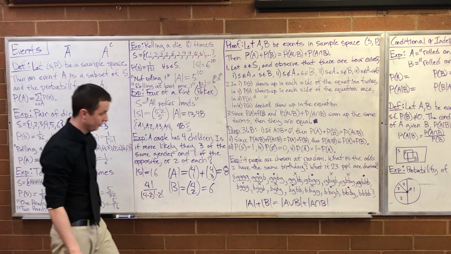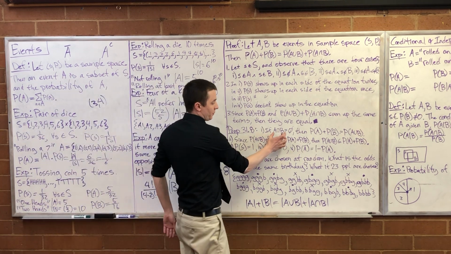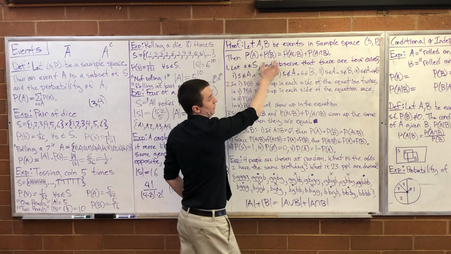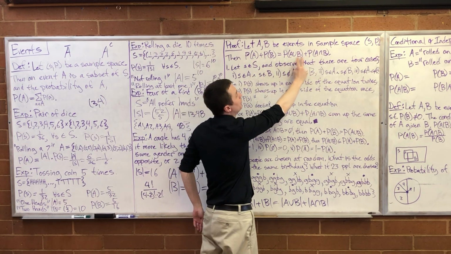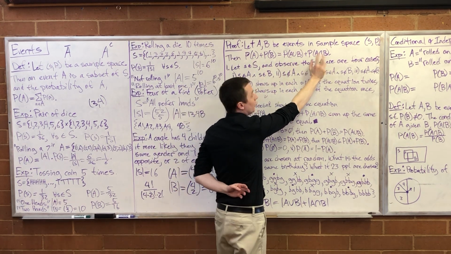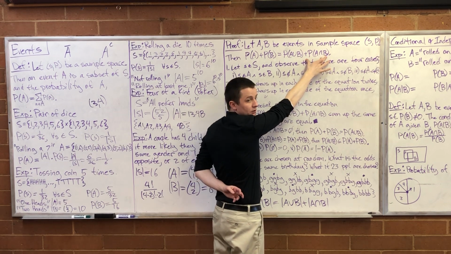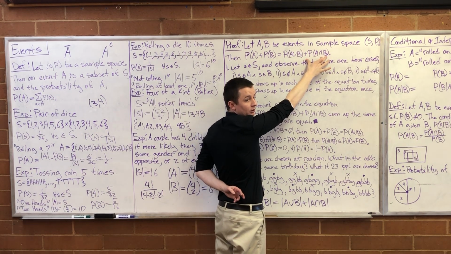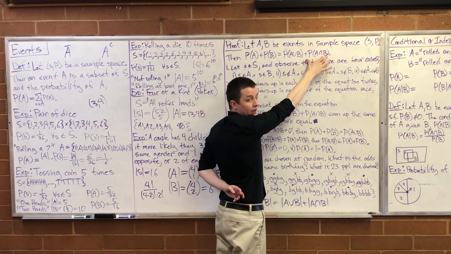Next, a bunch of properties. Looking at this formula up here, what would happen if A intersect B is the empty set? What's the probability of the empty set? 0, right?